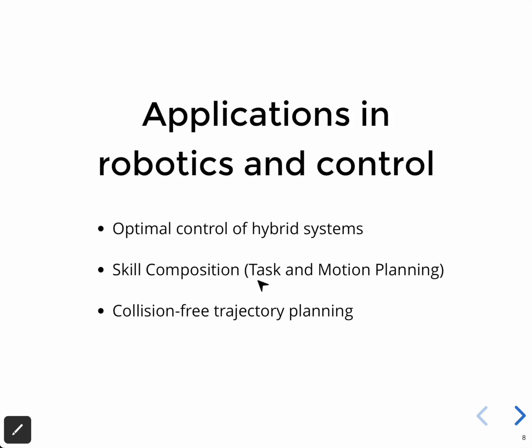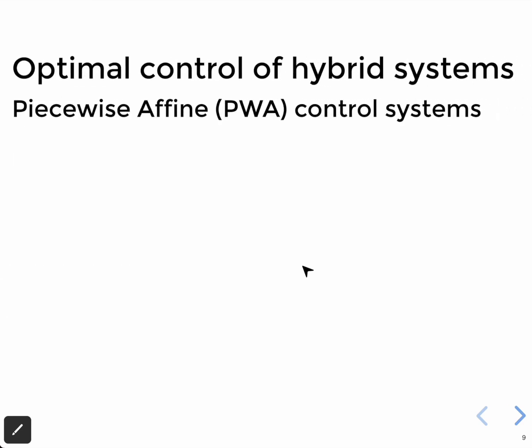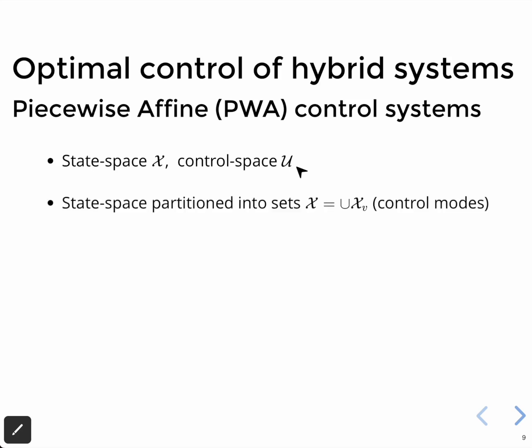Let's get to it. My first example is going to be in optimal control of hybrid systems, or specifically piecewise affine control systems. These are systems described by a state space and a control space, where the state space is partitioned into a discrete set of control modes. Right?